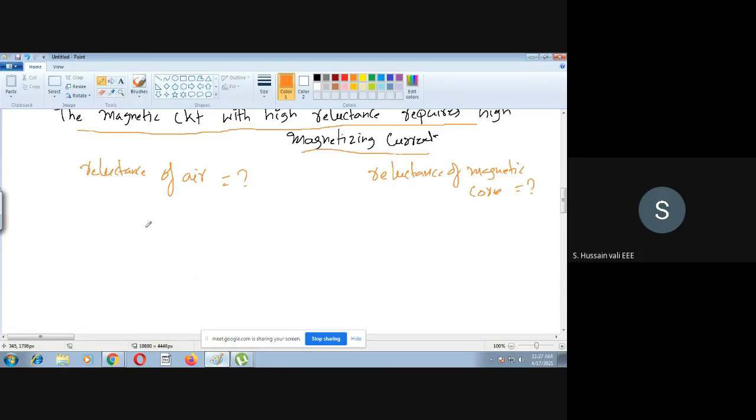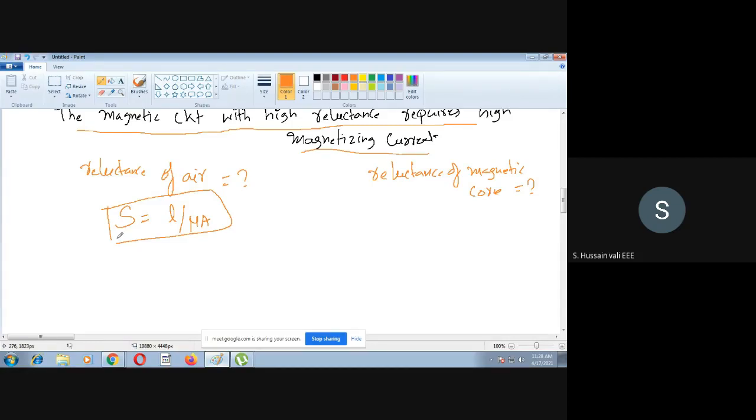Now, if you recall the formula for the reluctance, this formula you might have known. So S equals L by mu A is the formula for reluctance.